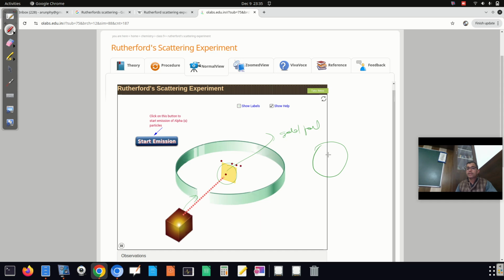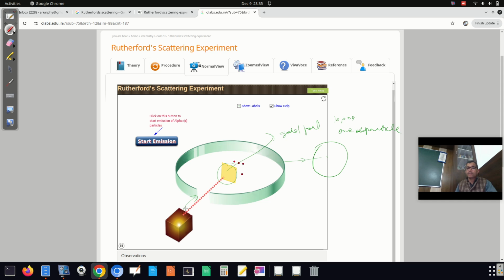Say this is an atom, and a very interesting fact is observed: alpha particles are coming in this way. Out of 10,000 particles bombarded on the gold foil, roughly one alpha particle retraces its path.